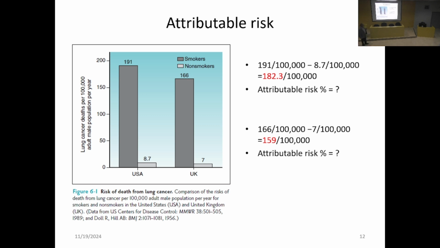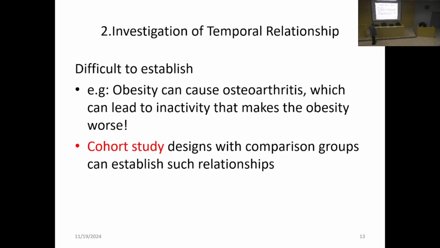So the first step in causation is to measure the association, the strength of the association. Now the second condition is the temporality.